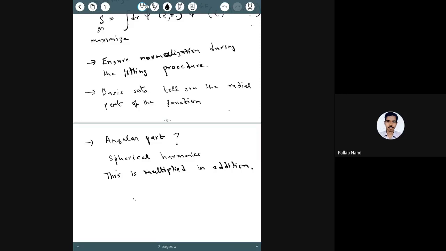The integrals are on R, so the radial parts, and it's on the R vector. So the angular part is there. But if your basis functions have only the radial part, then the numerical part of the computation is restricted to the radial part. The angular part can be analytically done in most cases, I think.